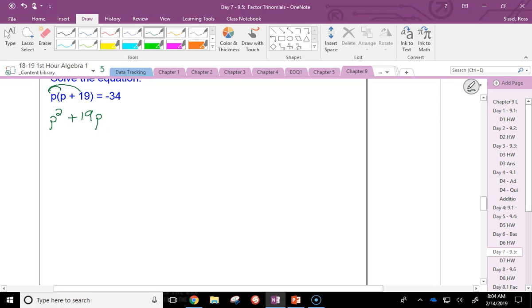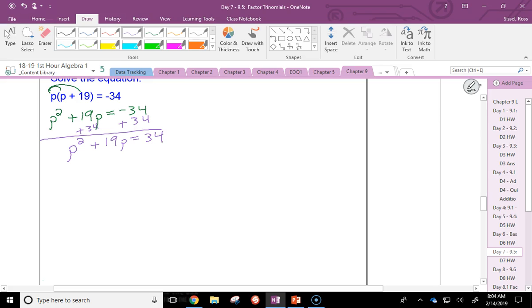However, it was not equal to 0. We need to write this in standard form. So instead of saying p squared plus 19p equals negative 34, well, I'll write that first. I'm going to add 34, just like we did in the last problem. So now, p squared plus 19p equals 34.